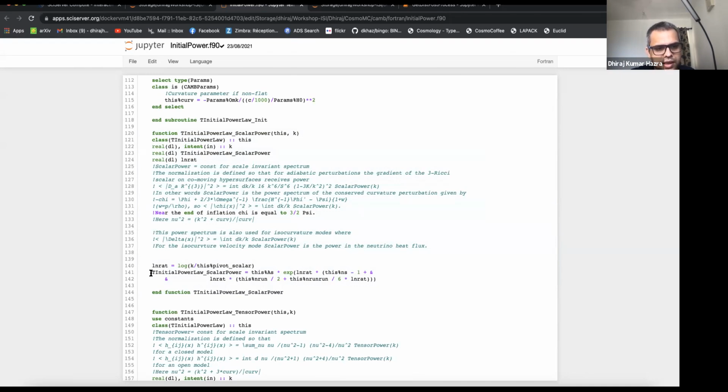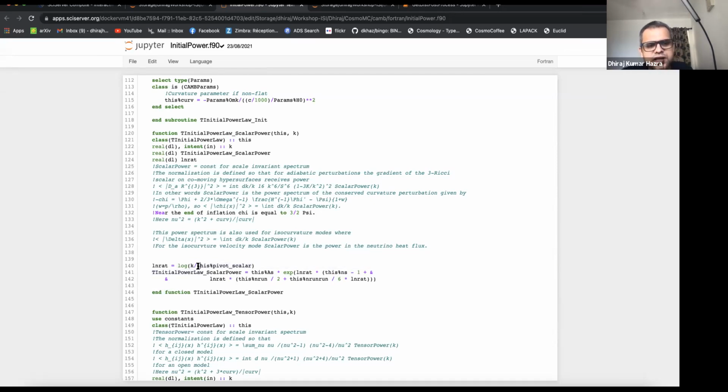Here you see, it is defined as AS, the amplitude, times, if you take this log and everything outside, if you just cancel log with exponential, you'll find that this is k by k0. See, ln_rat is basically the log ratio, the ratio between k and the pivot scalar.